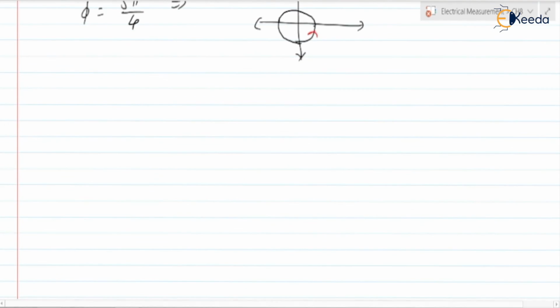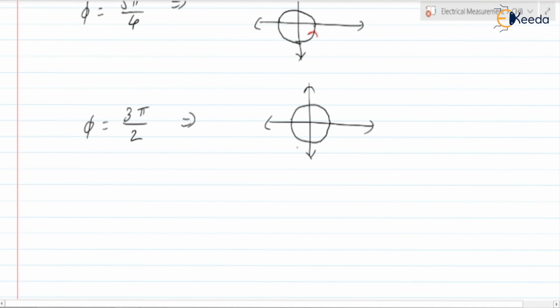If phi is equal to 3 pi by 2, then we will get a circle, in the anti-clockwise direction.